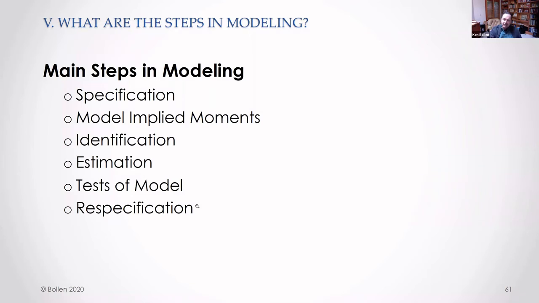And inevitably, well, occasionally it doesn't work out this way, but most of the time, you find that there's a need to re-specify your model. You have to modify it because your diagnostics for your model are pointing to possible problems in what you laid out there initially.